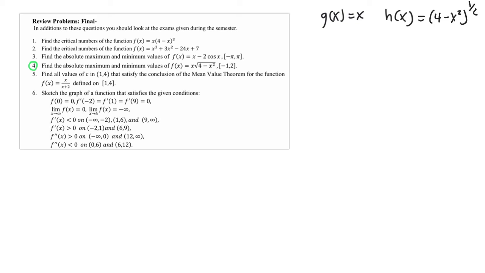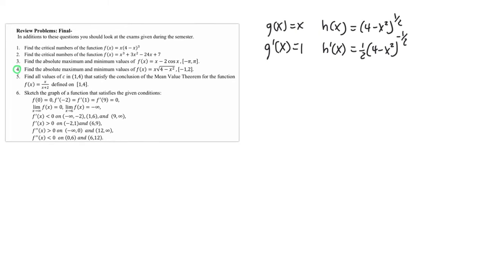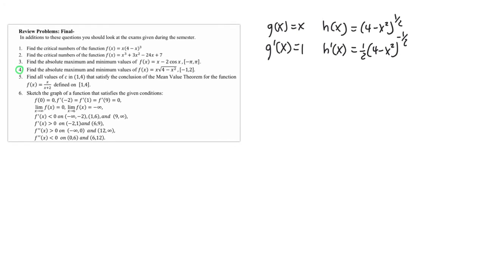Now I'm going to do the derivative of each of these. G prime of x is equal to 1. H prime of x is equal to 1/2 times 4 minus x squared to the -1/2. And that ends up becoming a chain rule situation, so I'd also have to multiply that by -2x.